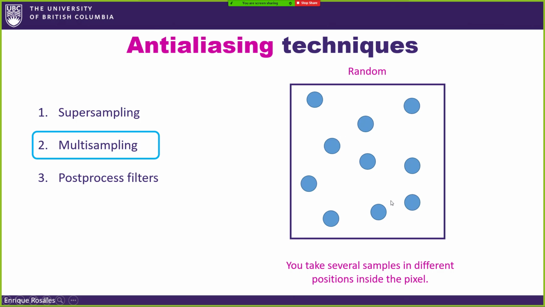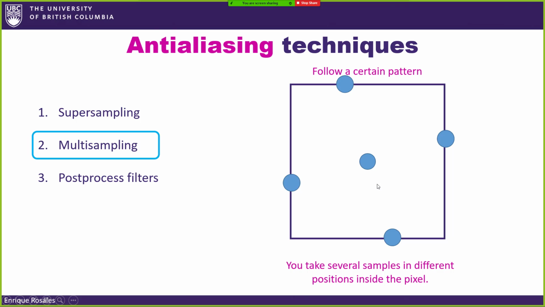And there are different algorithms for multisampling anti-aliasing. If you Google multisampling anti-aliasing, you will see different algorithms. One option is just to throw random points. Actually, the one in the code that you will use for your ray tracing assignment uses just random points. So you can just throw a certain number of random points in your pixel, or sometimes make them follow a certain pattern.